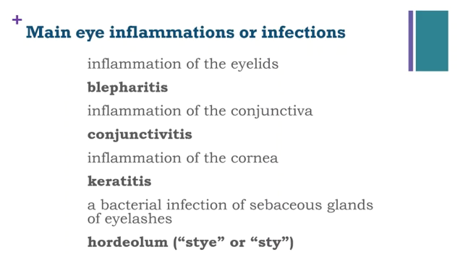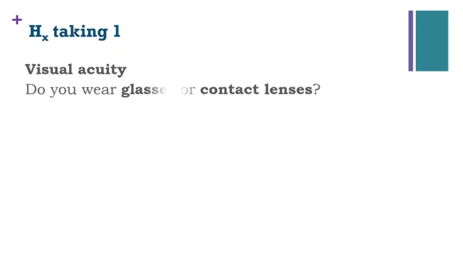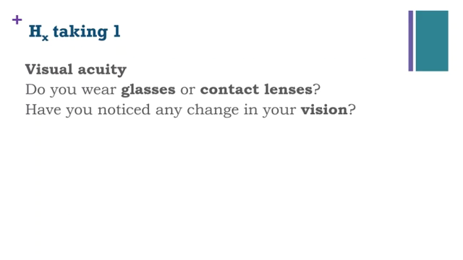Now let's review the questions that you should ask a patient if you suspect an eye condition. First, let's review the questions around visual acuity. Do you wear glasses or contact lenses? Have you noticed any change in your vision?